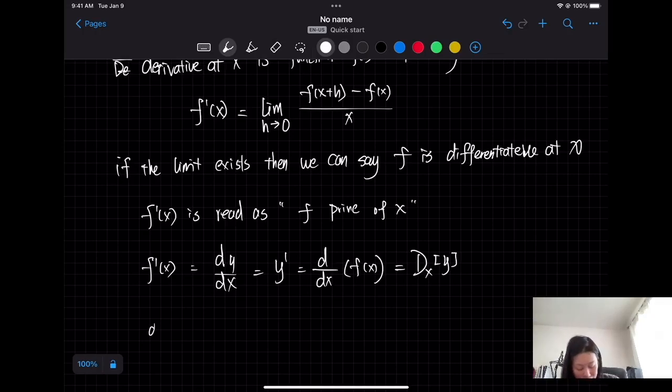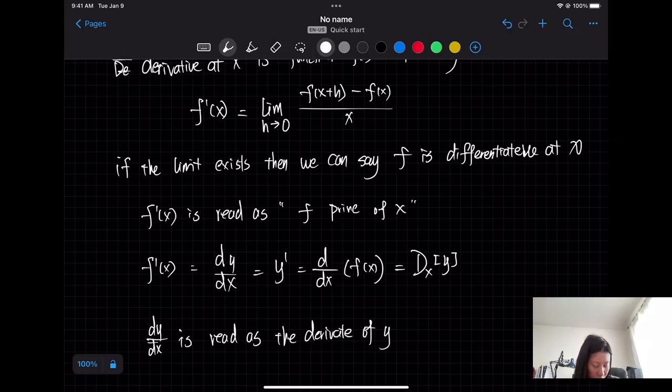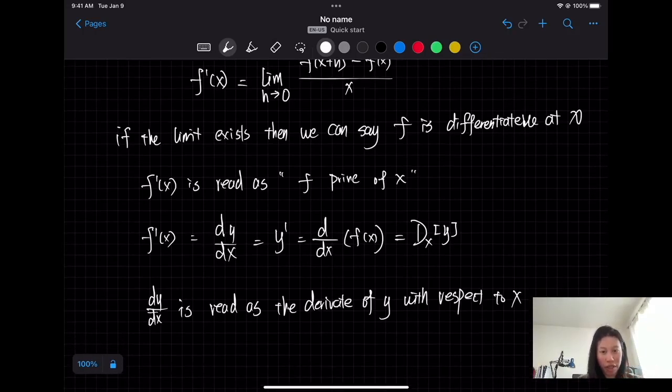So dy over dx is read as the derivative of y with respect to x. This is the definition of the derivative and the other notation that you might see from other textbooks or in your exercises.